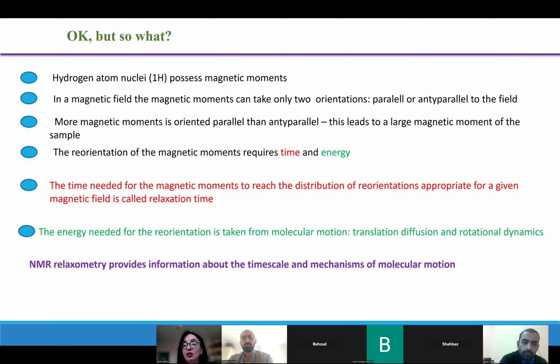However, the people are in constant motion. And this is the essence of the diffusion process. And this is the essence which determines, I would say, life, chemical reactions, biological processes, and so on.